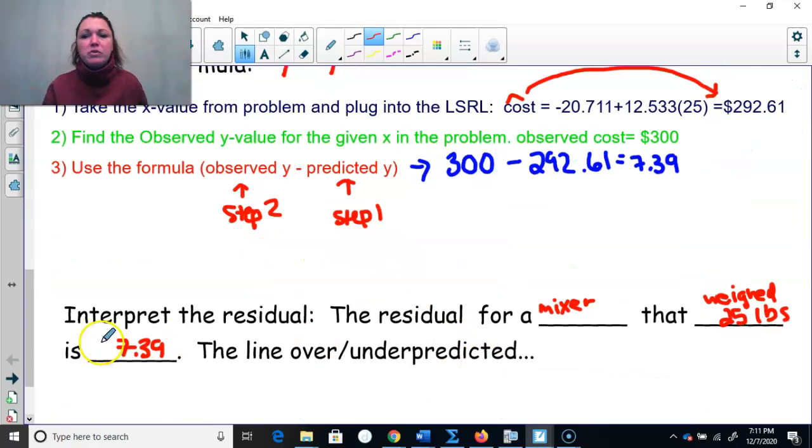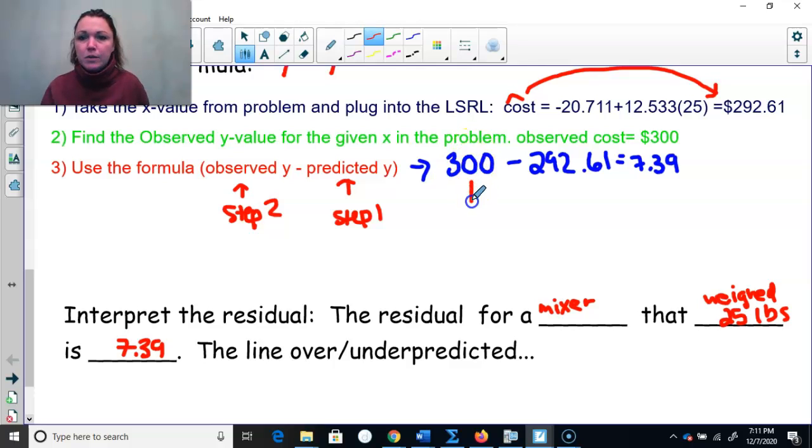Let's go now to interpreting this. So what happened in this one? What is our residual 7.39 telling us? It's telling us that for a mixer that weighed 25 pounds, the residual is 7.39. Did our line overpredict or underpredict the cost?